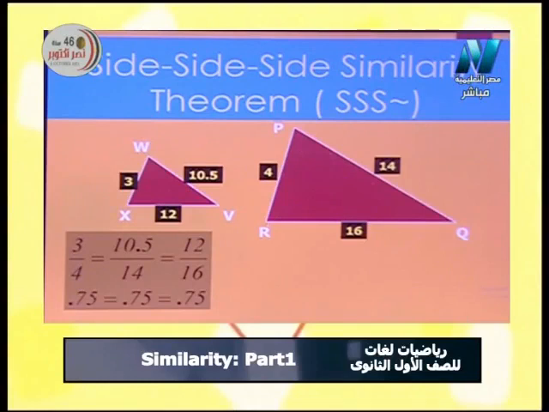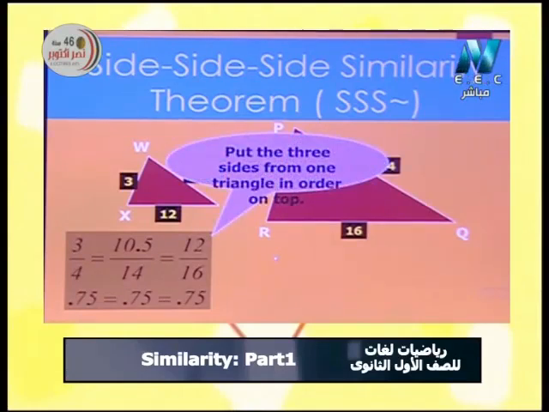Is it also equal to 12 over 16? We will find the answer will be 0.75. 3 over 4 equals 10.5 over 14 equals 12 over 16 equals 0.75. So the two triangles here are similar.